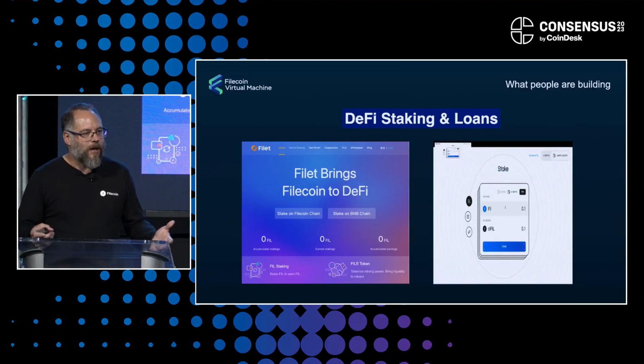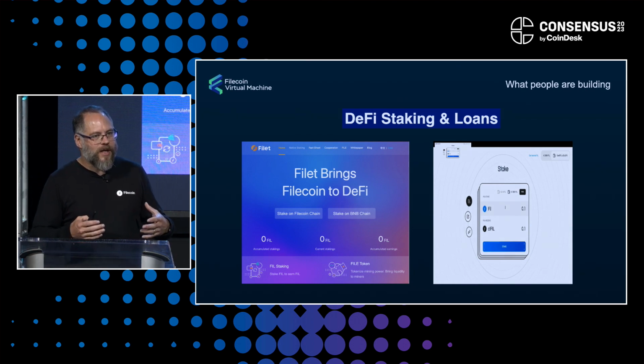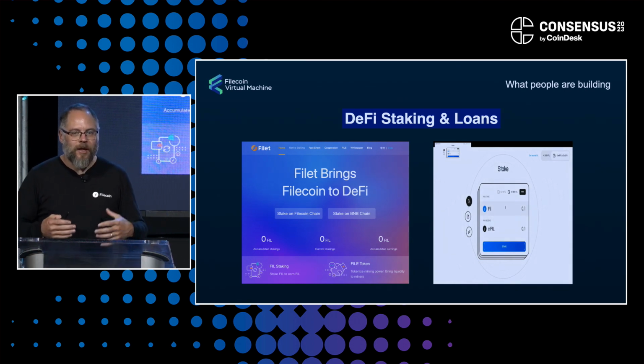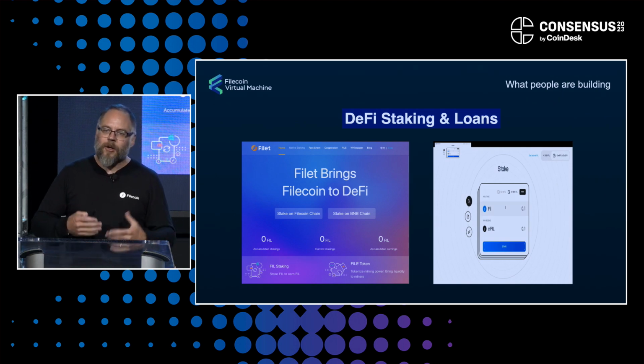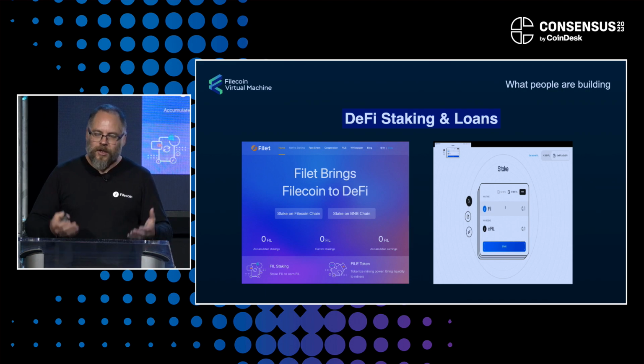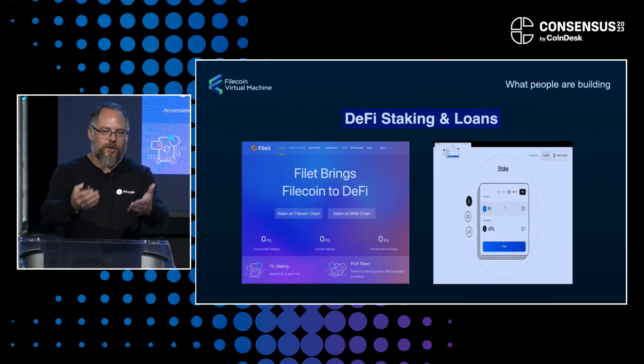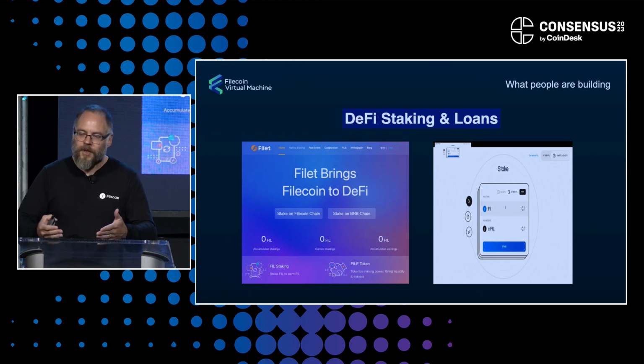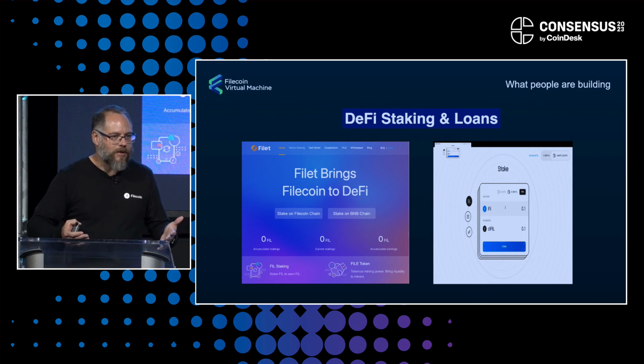DeFi staking and loans. So again, I mentioned how one of the things FEM is enabling is a whole economic system within the Filecoin ecosystem. And one area where this gets very interesting is that you can actually verify the income streams that storage providers have on chain. So as a storage client, when you ask a storage provider to store some data for you, there will be a fee for storing that data.